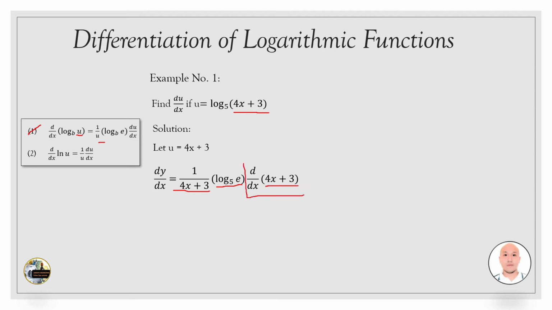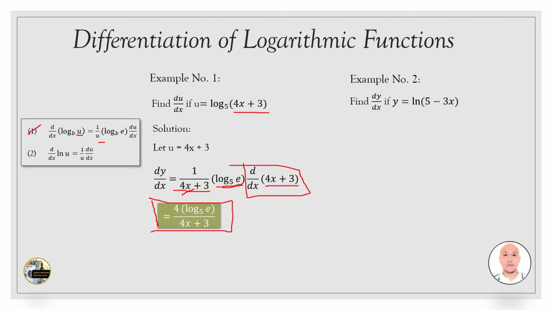Then we differentiate this part: d over dx of 4x plus 3 is equal to 4. So our final answer is 4 times log_5 e over 4x plus 3.